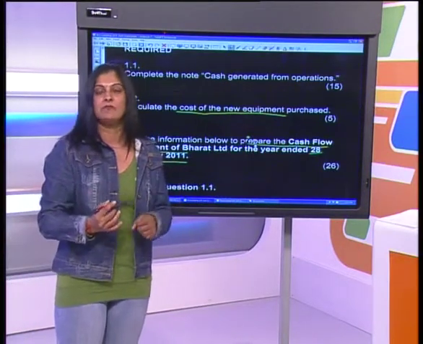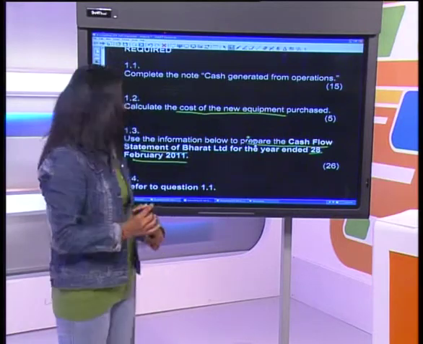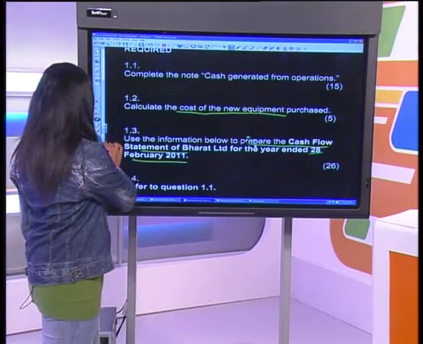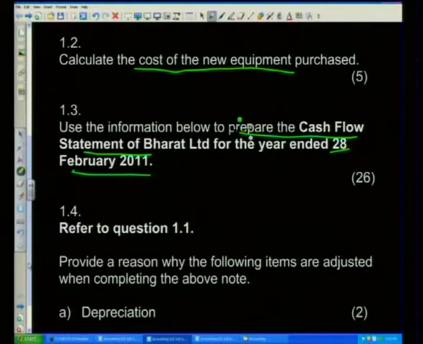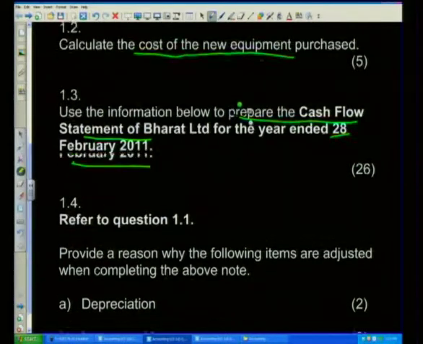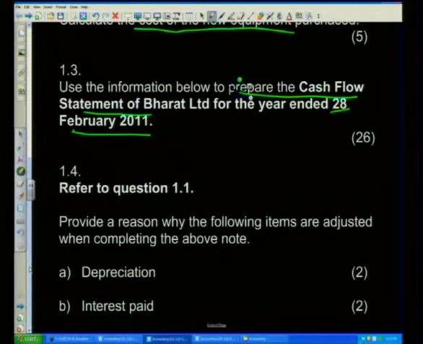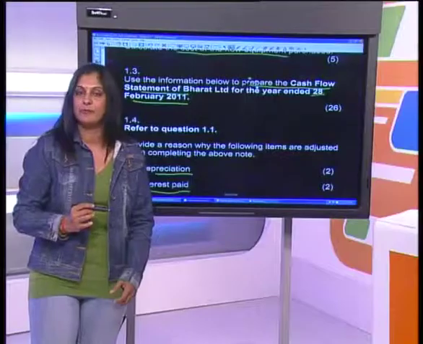I will, however, focus on certain calculations. Then the last question that I'm going to touch on, refer to question 1.1. Provide a reason why the following items are adjusted when completing the above note. For 2 marks, you're going to have to explain why we make an adjustment for depreciation, and then for another 2 marks, why do we make an adjustment for interest paid?